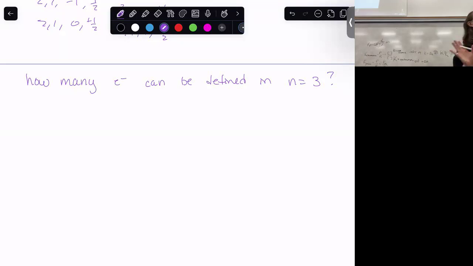I'll give you a couple, let's try this on your own a little bit, see if you can start working out what that might look like. Try it. Write out your quantum number constraints, what it looks like.